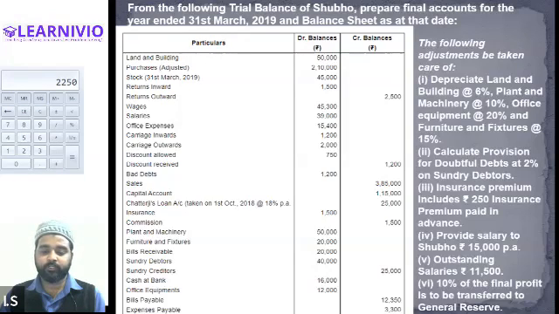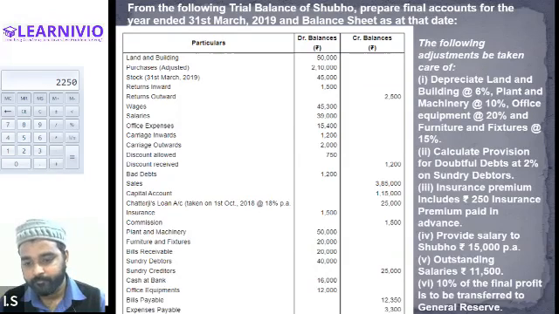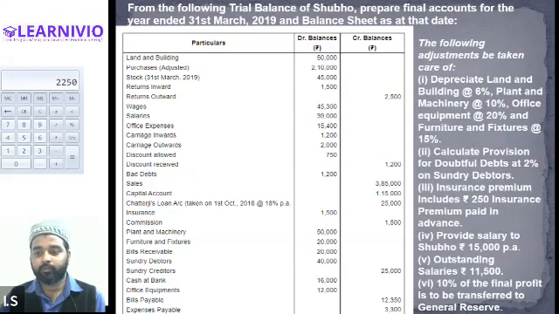After reducing the depreciation, write the entire amount in the balance sheet, and the value of the depreciation should be indicated in the profit and loss account. 20% on 12,000 will be 2,400. So we will reduce 2,400 from 12,000.